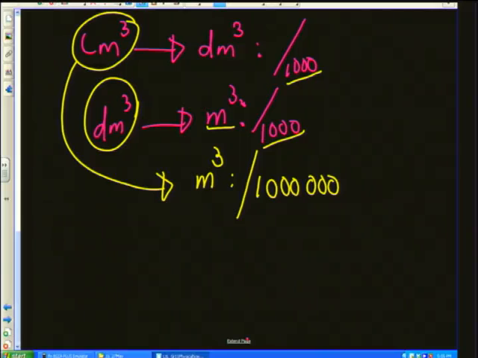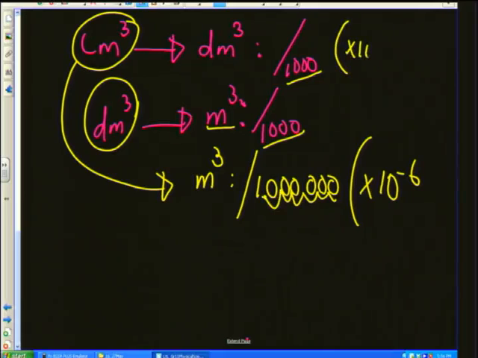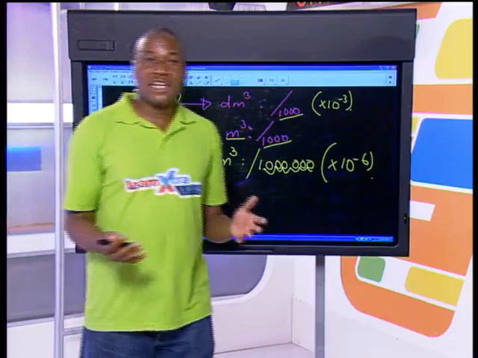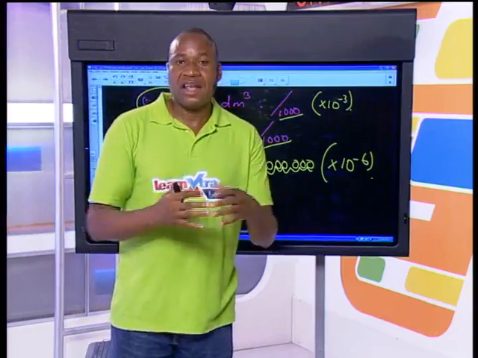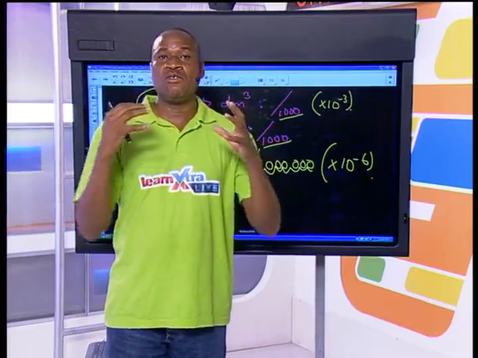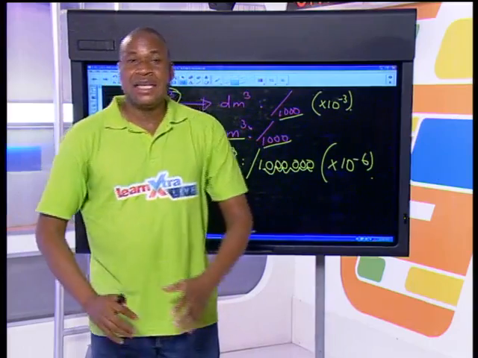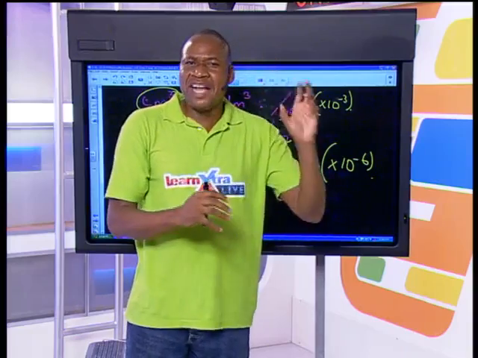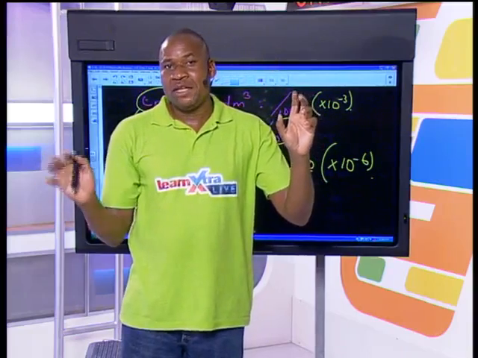And dividing by 1,000,000 is the same as multiplying by 10 to the power minus 6, because that is 1, 2, 3, 4, 5, 6, up to your first significant number. If you're dividing by 1,000, it's the same as multiplying by 10 to the power minus 3. So that is why I had to multiply that 200 by 10 to the power minus 6, because I was converting from cubic centimeters to cubic meters, a much, much bigger unit of measurement compared to cubic centimeters.